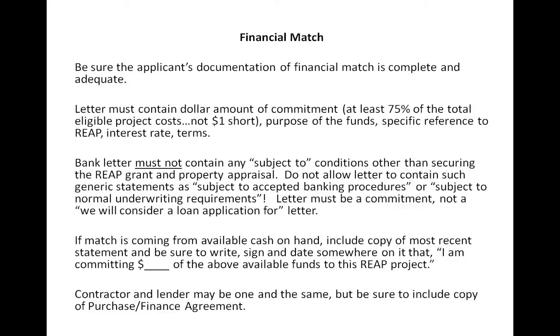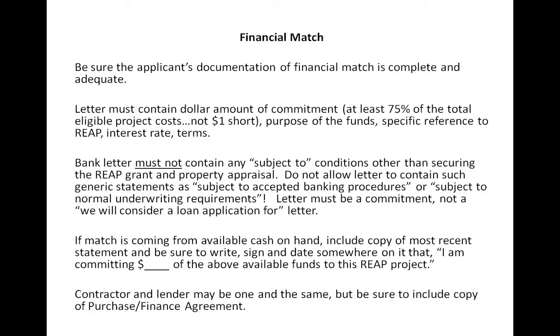That can get your letter kicked out, and if you lose that, I think it's 15 points. You're basically out. And the letter must be a commitment letter. It cannot just say we will consider a loan application for the applicant.